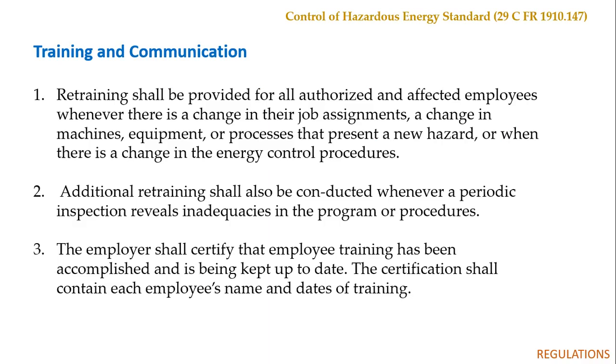So basically, it is a way of follow up. The employer shall certify that the employee training has been accomplished and is being kept up to date. The certification shall contain each employee's name and the date of the training.